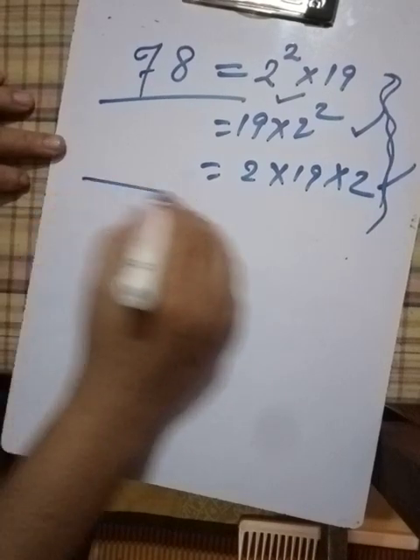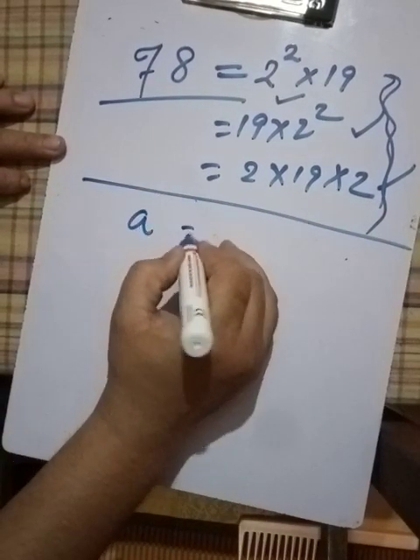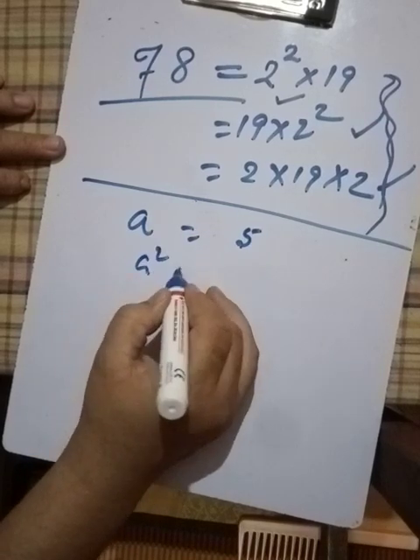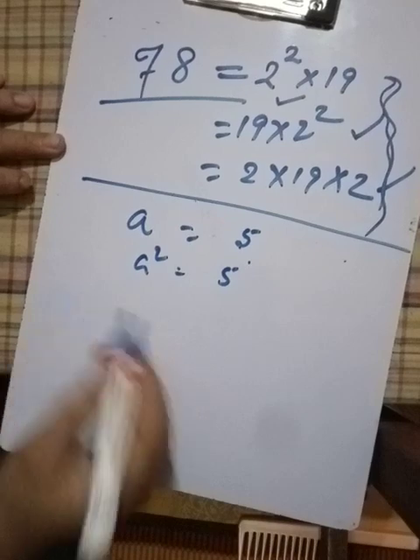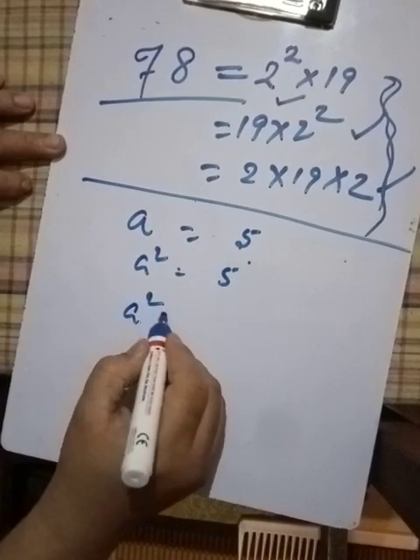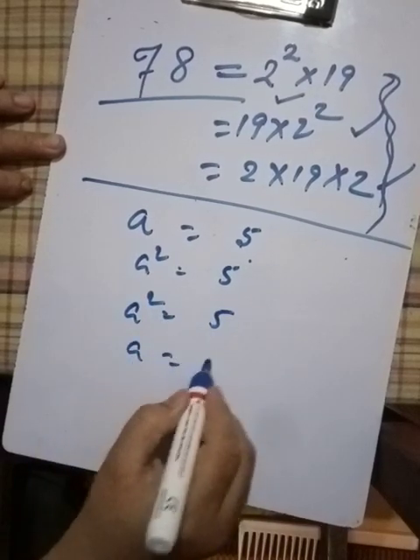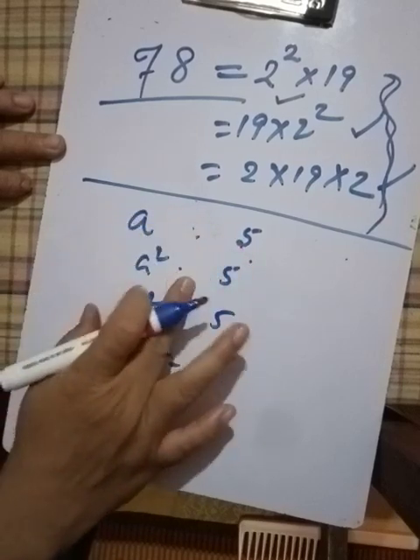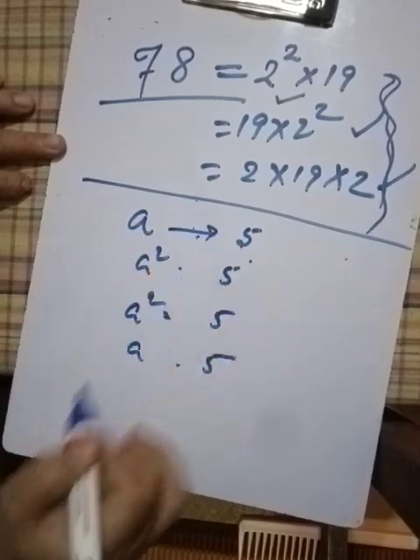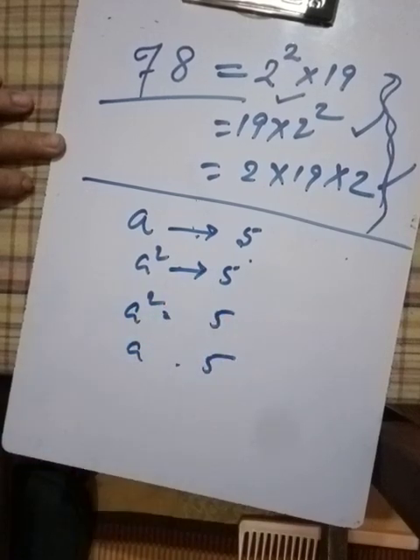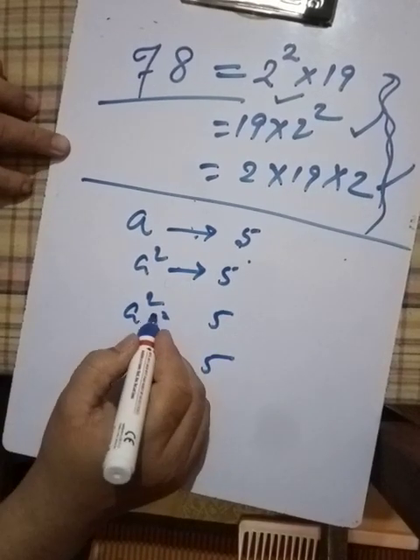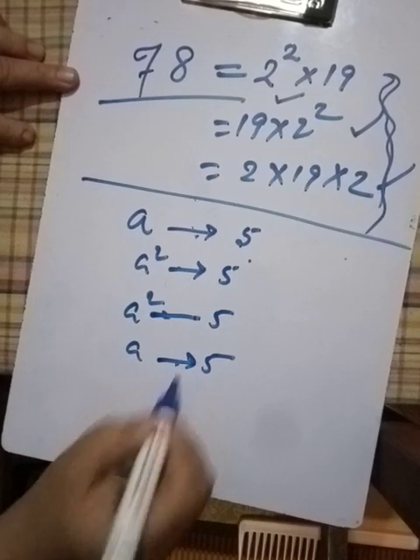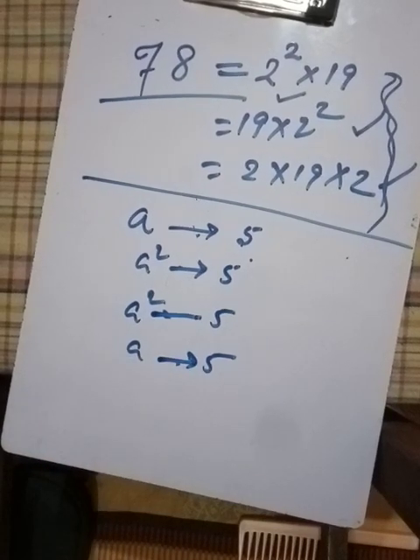Next, I told you, if a is divisible by 5, then a square will be divisible by 5. Opposite, if a square is divisible by 5, then a will be divisible by 5. This you have to understand. This is also important.